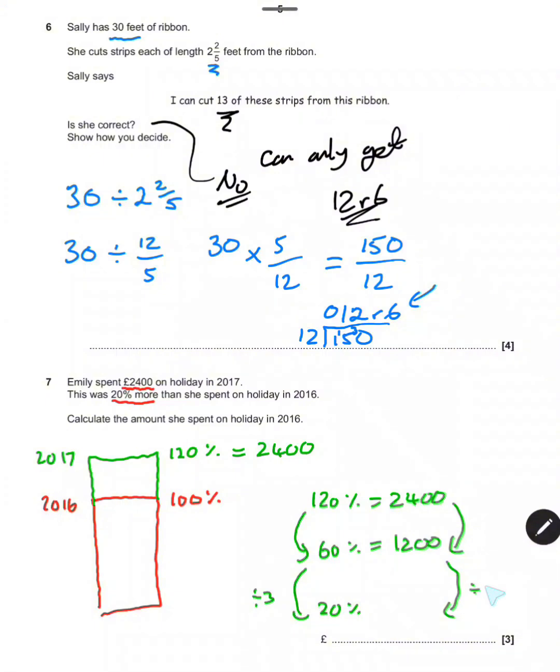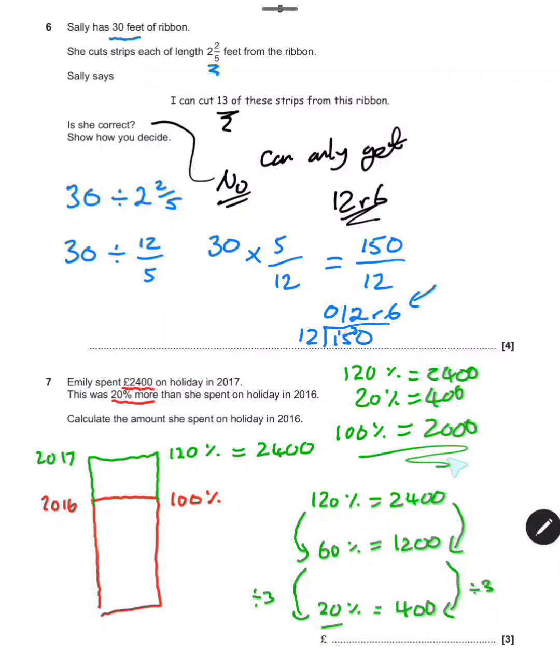And divide by 3 on this side. And 1,200 divided by 3 is 400. 20% is useful because I've got 120% here. So if 20% is 400, and 120% is 2,400, then 100% must be 2,400 take the 400, which is £2,000.